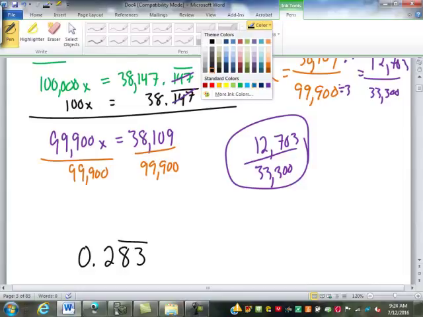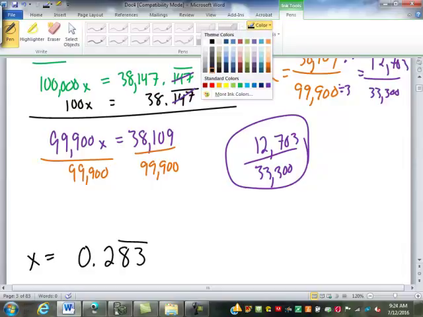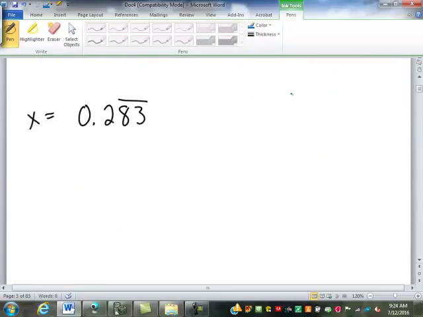Okay, so we're going to let x, of course, equal 0.283 with the 83 repeating. What are we going to do from there? Times 10, because there's one digit that doesn't repeat. So 10x equals 2.83 with the 83 repeating.